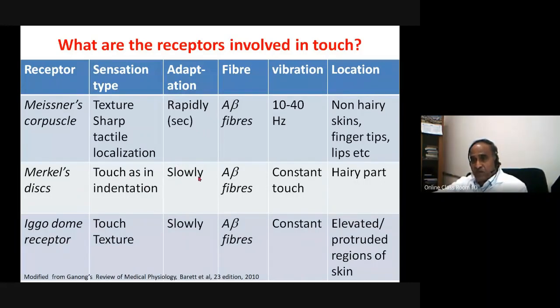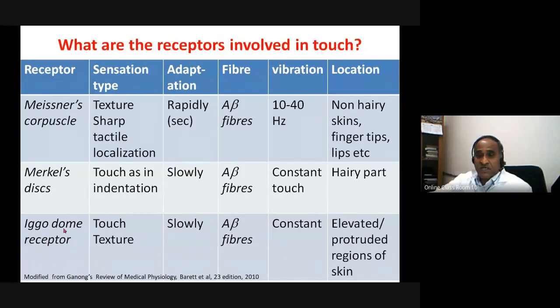They are also carried by the same type of fibers, A beta fibers, with a conduction velocity of 50 meters per second, plus or minus 20. They do not carry vibration sense. There is a continuous sensation, so no vibration, and they are present in the hairy part.